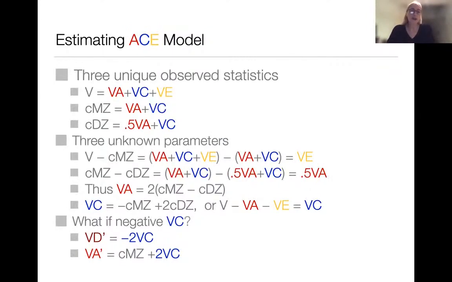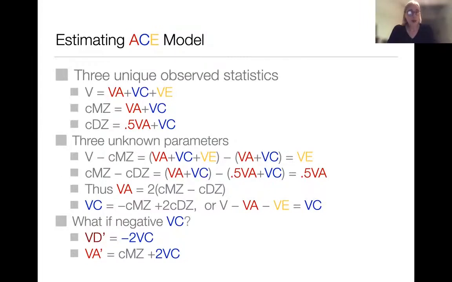So then we know that the total variance is the sum of those 3 variance components. And we also know from genetic theory that twins share all their genetic variance, so VA, where this is monozygotic twins, where dizygotic twins only share half their genetic variance, so 0.5 times VA.